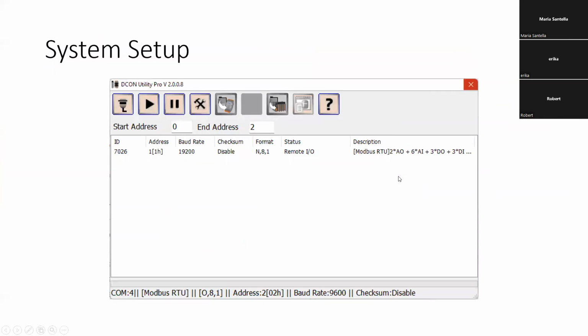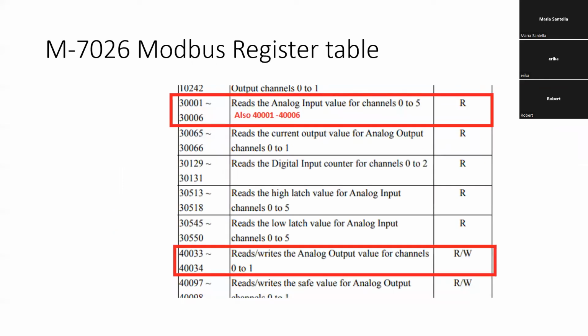First thing I want to do is make sure I have my slave device configured. I use our decon utility to configure our M7026 module. And one important thing is you need to know what Modbus registers you're going to be polling. So for this example, since the module has analog inputs and analog outputs, I actually wired one of the analog outputs to an analog input.